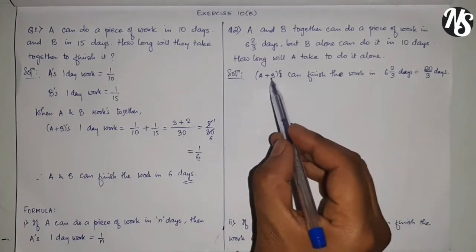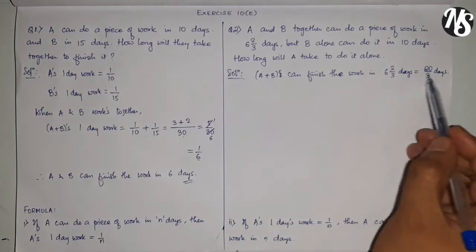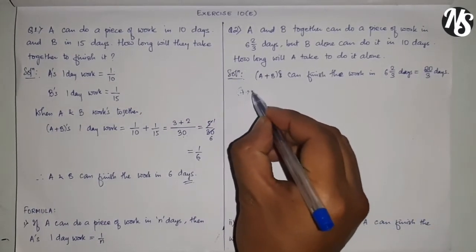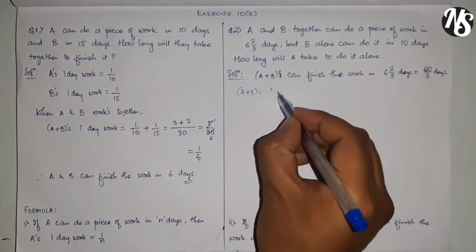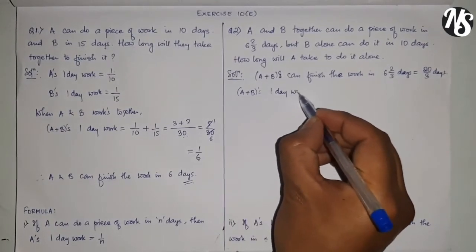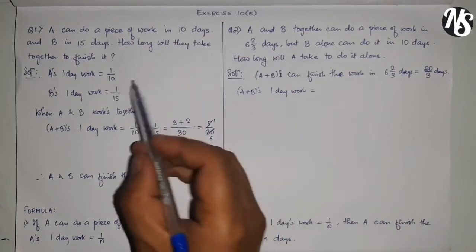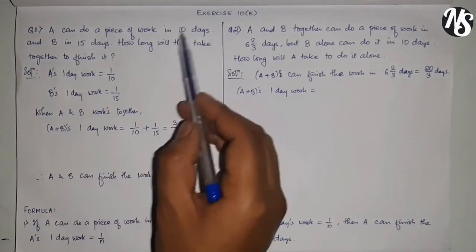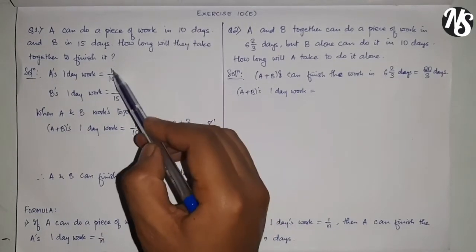Okay, see here carefully. Let's see what is the meaning of this. Now, if A and B can finish the work in these many days, then let's find A plus B's 1 day work. If A can finish in 10 days, A's 1 day work is just the reciprocal of 10, which is 1/10.